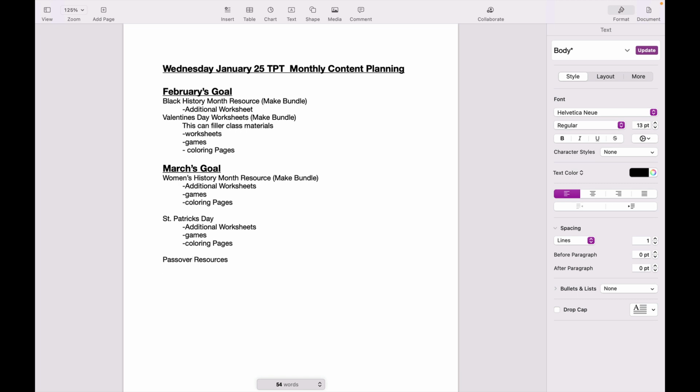And then I will just put in April. And Jazz Appreciation Month is in April. And I would like to make some resources for that. So I will do additional worksheets, maybe games and coloring pages.